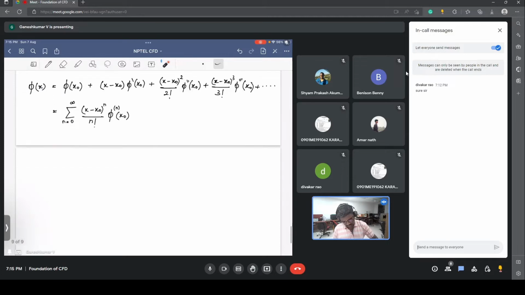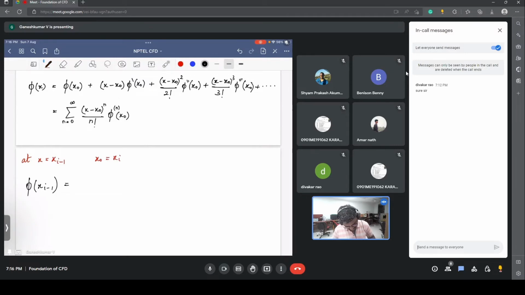So how are we going to do this? Let's say you are applying at x equal to xi minus 1. Apply the Taylor series for this. Phi of x will be phi of xi minus 1. This will be equal to, now one more thing, we will consider x naught to be xi.